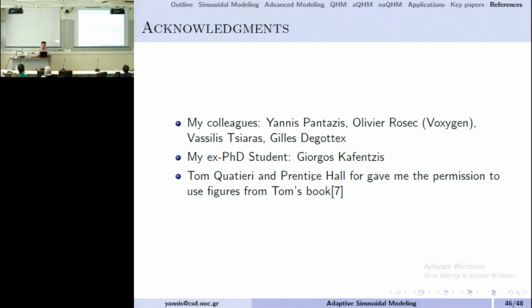And my ex-PhD student, George, that has interactions with you, he developed the extended adaptive quasi-harmonic model, while with Yannis Pantazis and Olivier Rosec, who was before France Telecom, now Voxygen, a startup on speech synthesis, we worked on the quasi-harmonic model. With Vasilis Tsiaras and Yannis Pantazis, we showed the connections between the Gauss-Newton method and the reassigned spectrogram. And with Gilles Decotext, as I mentioned, we went to the adaptive harmonic model.